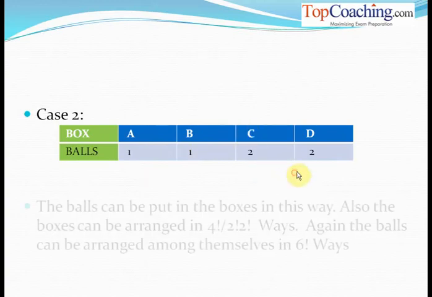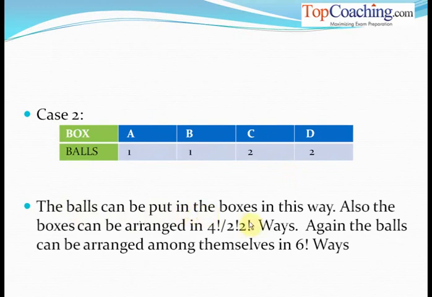The balls can be put in the boxes in this way. Also the boxes can be arranged in 4!/(2! × 2!) ways. So like box A can contain 2 balls, box B can contain 2 balls, box C contains 1 ball, and box D contains 1 ball. So in this way there are different combinations.